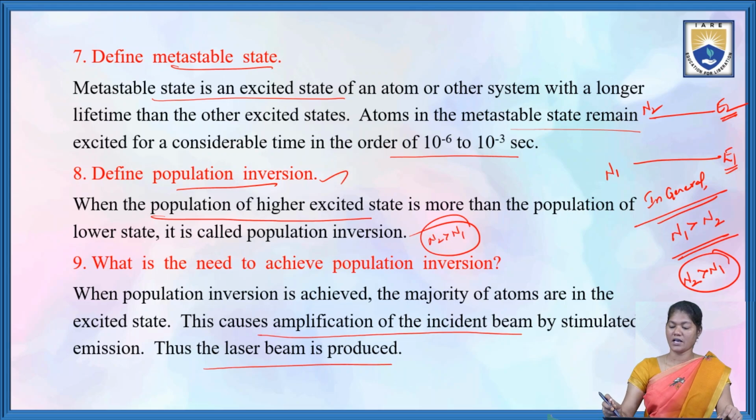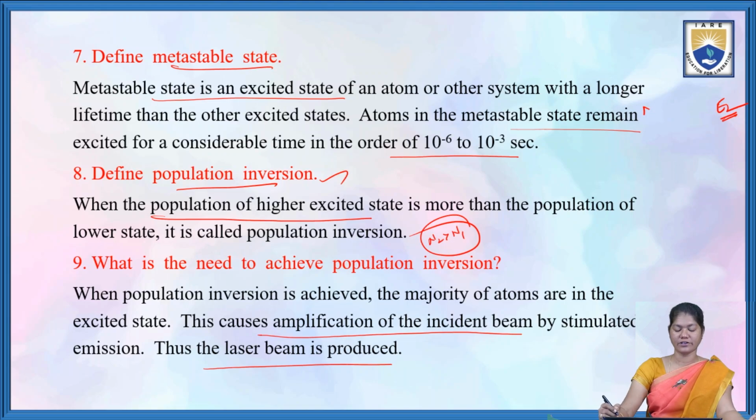As we know, the characteristics of lasers are high intensity, high directionality, monochromaticity and less divergence. So to get the laser beam, the light should be amplified through stimulated emission.